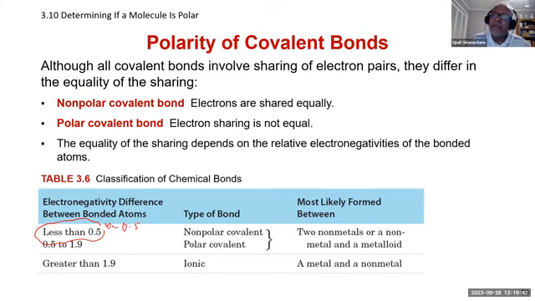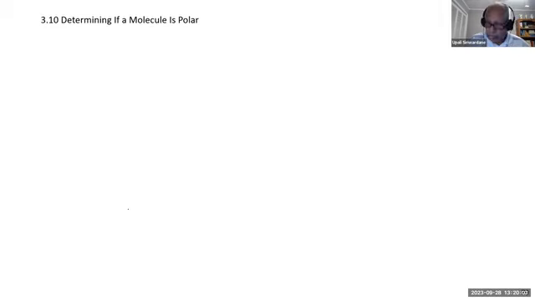Therefore, if you know the two elements making the bond, you get the electronegativities and subtract the lower electronegativity from the higher, get the electronegativity difference, then you can decide whether it's a non-polar covalent bond or polar covalent bond.